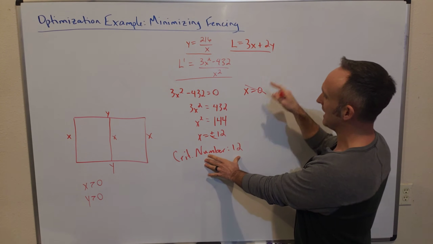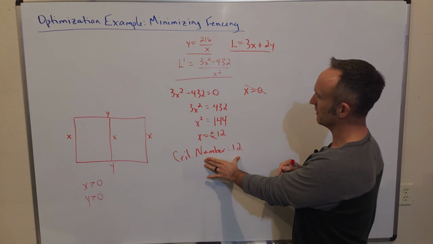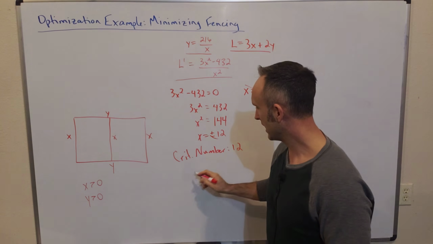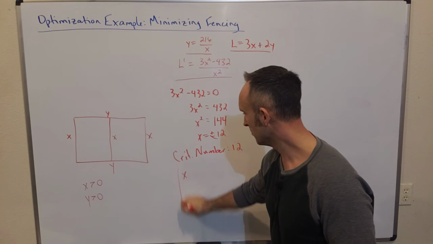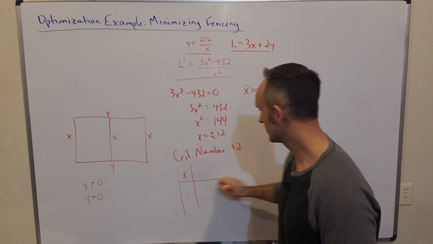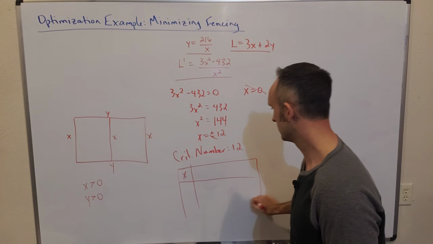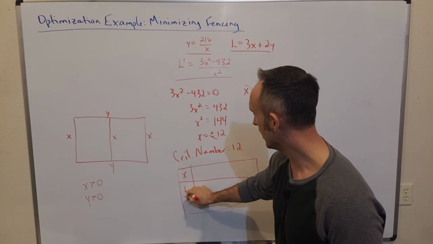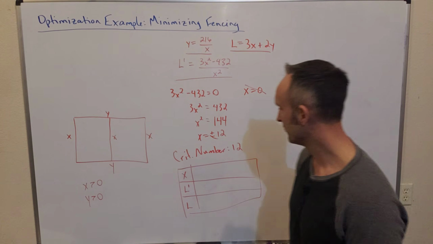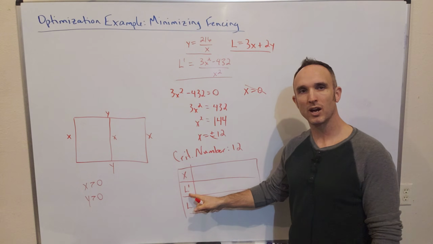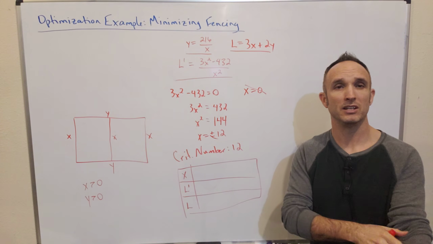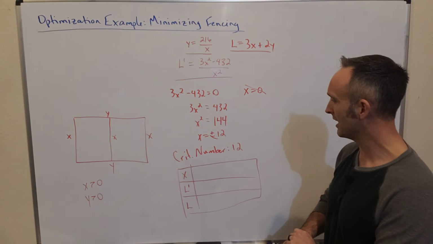Okay, if I want to find the absolute minimum of this length function, I found my critical numbers, and I'm going to look at my chart with x, L prime, and L. I'm going to use what I know about L prime to tell me when L is increasing or decreasing to try to determine absolute minimum or maximum.